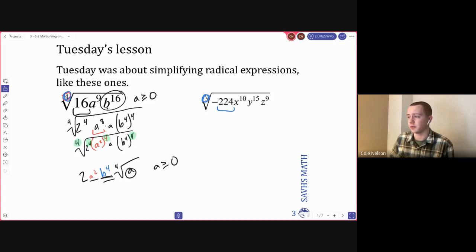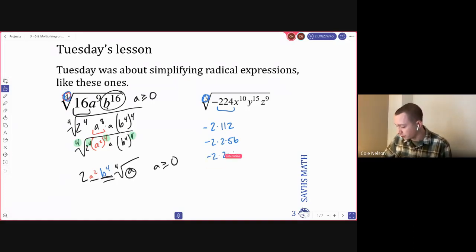We have to be like, okay, you know what? 224 is 2 times 112. Because that's just what it is. 112 is, well, 2 times 56. 56 is, well, 2 times 28. 28 is, well, 2 times 14.